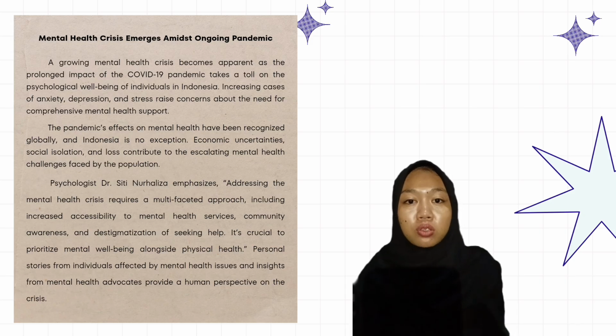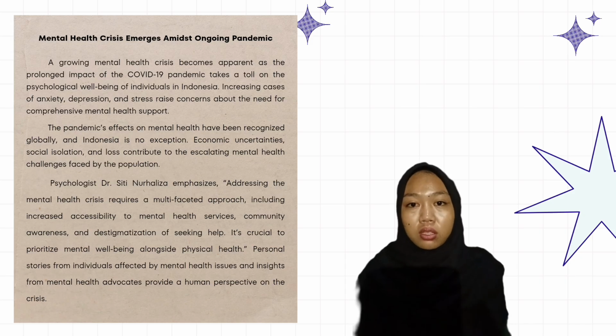The text also includes comments from a psychologist to support the information and give expert opinion about the issue. This example shows that news item text provides factual information and discusses important events happening in society.